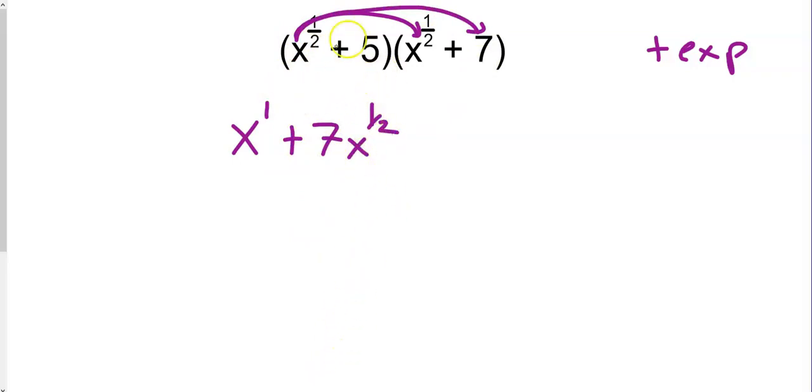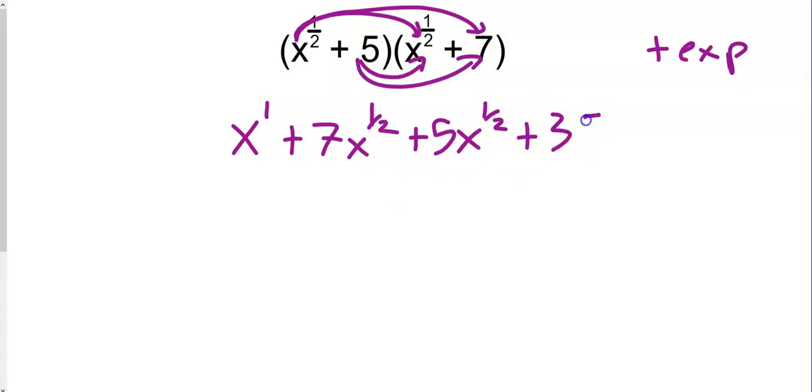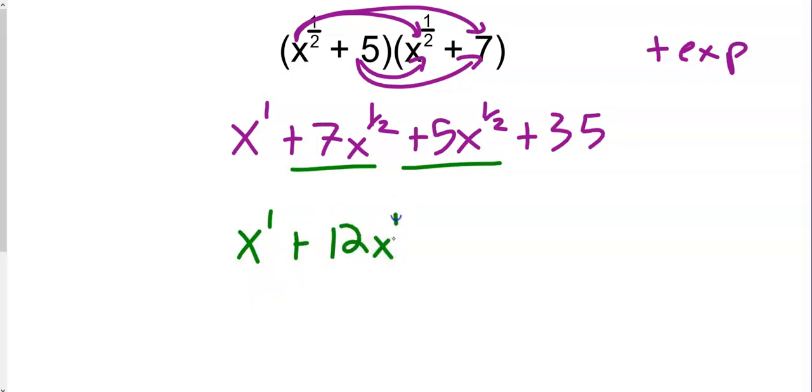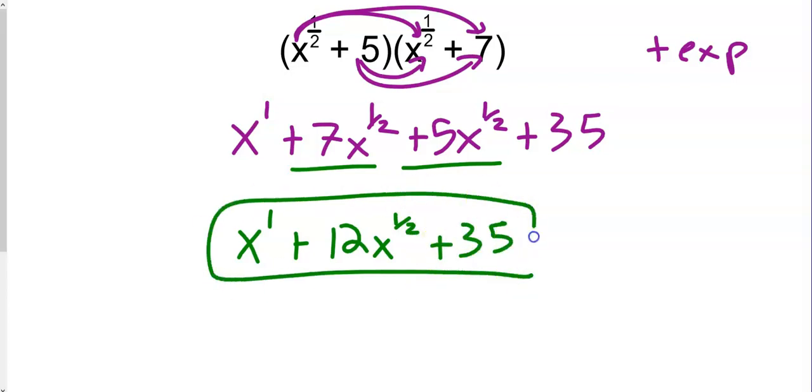So that was first. That was outer. Inner. What's 5 times x to the 1/2? 5x to the 1/2. And then last, what's 5 times 7? 35. And like any FOIL problem, sometimes you might have to put like terms together. So what do we get in the end? x to the 1 plus 12x to the 1/2 plus 35. And there it is.